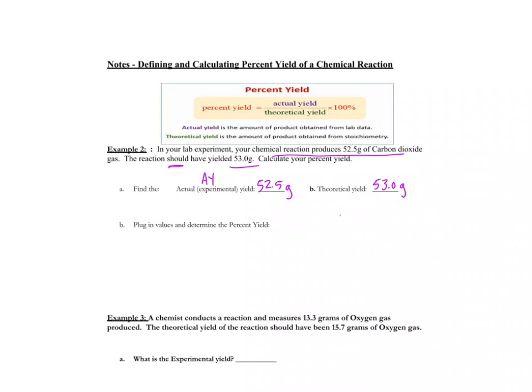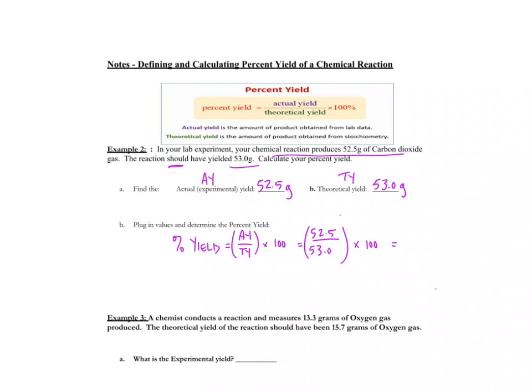So our equation says percent yield equals the actual yield divided by the theoretical yield multiplied by 100. Well, the actual yield is 52.5. The theoretical yield is 53.0.